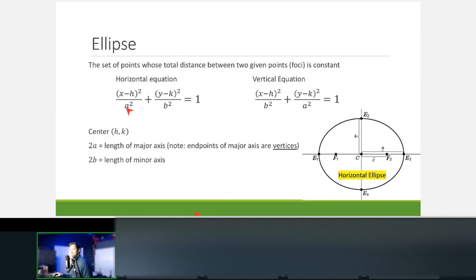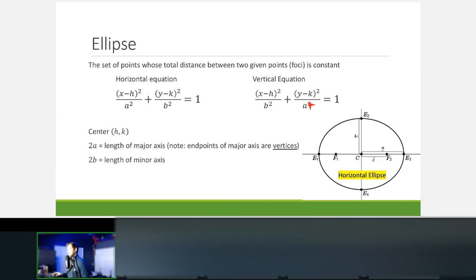And like it says here, A is half of the length, so from your center C to one of your vertices, if this is A, 2 times A is going to be the entire length. So 2A is from vertex to vertex on the major axis. And then in the minor axis, 2B is from vertex to vertex. That's important to know. So A, major axis; B, minor axis.